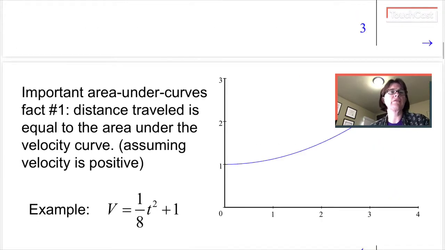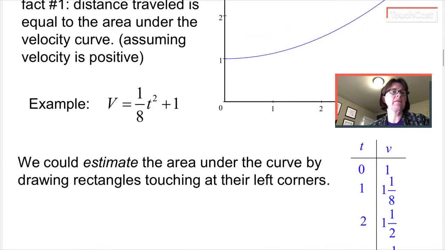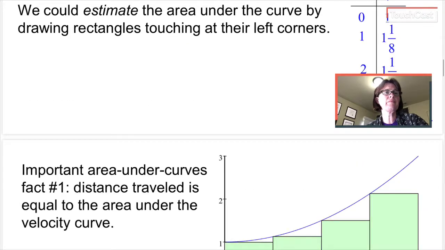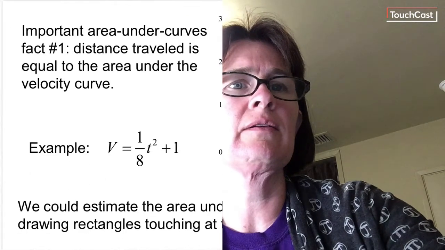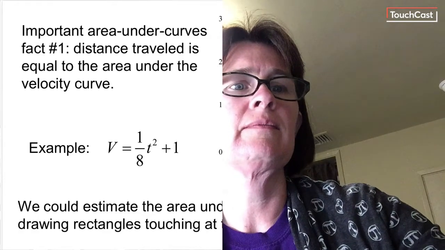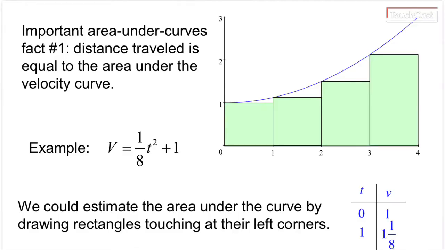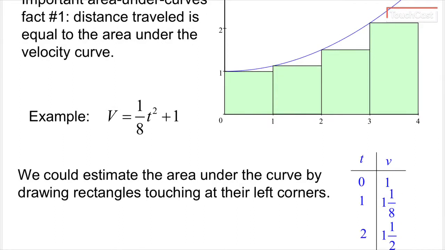I'm going to draw in the rectangles. So here's my t-chart. Sorry, it's running a little bit off the screen. Okay, so you can see here that when time is 0 and I use 0 in my velocity function, I get a velocity of 1.